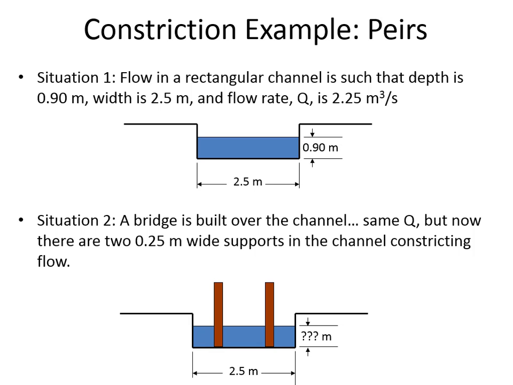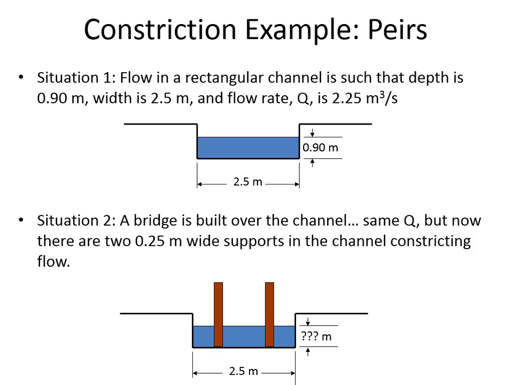So it's important to recognize that the whole width of the channel is 2.5 meters, but each one of these is a 1/4 meter wide, and so together that takes away 1/2 meter of effective flow width, and so we've only got 2 meters of flow width. And so the new cross-sectional area is going to be whatever the depth happens to work out to times the 2 meters of effective width.